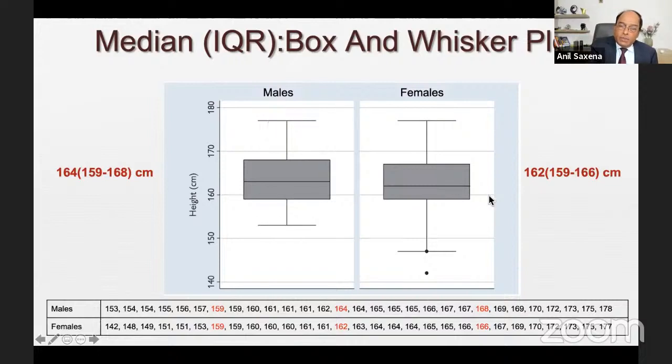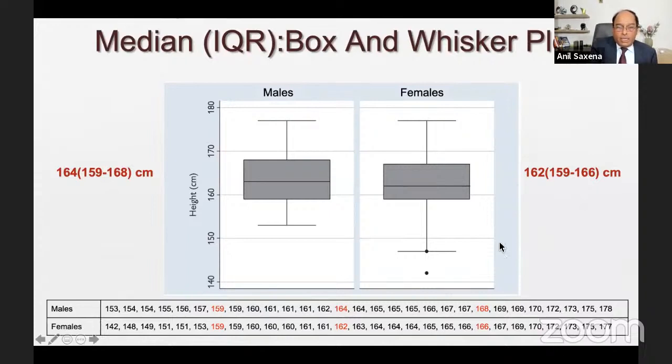Now sometimes, like in this case on the right side, we have an outlier value, which is 142, very, very different from the rest of the group. So sometimes the authors will put a separate dot here, which represents that value. In this case it is 142, an outlier value, shown separately, otherwise the graph would have got distorted too much.